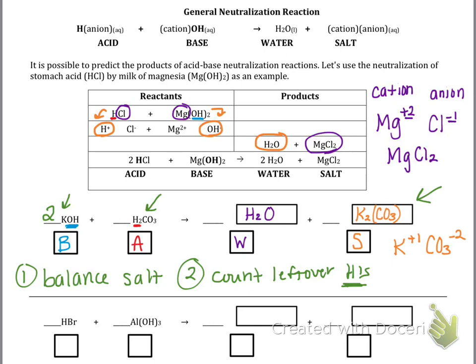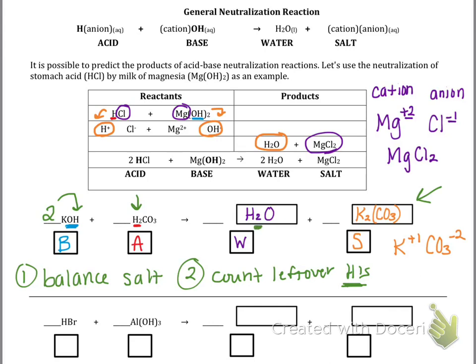So what do I mean by that? You are going to count all your H's on this left-hand side. So this 2 over here on the left, you have 2 H's here and you have 2 H's there. So you have a total of 4 H's on the left-hand side.